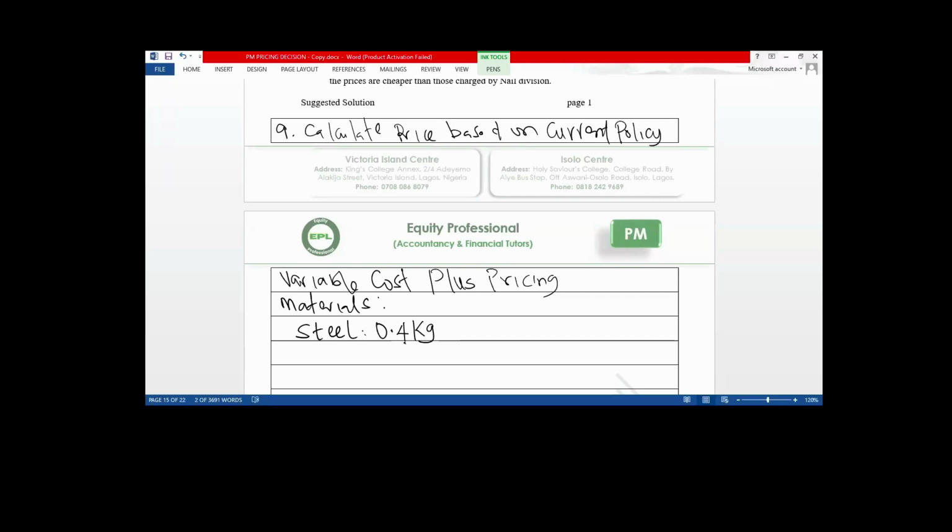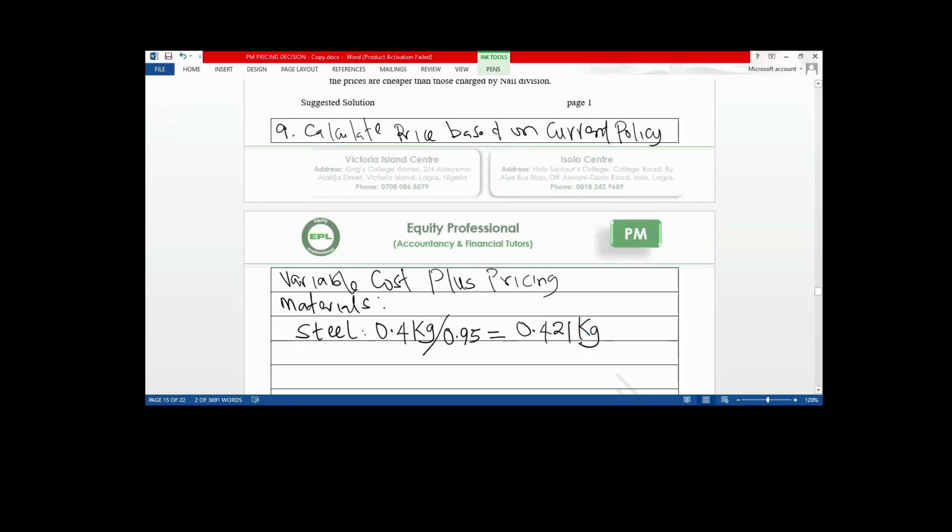Now gross up to get 100%. Just do like this: 0.4 kg divided by 95%, 0.95. Please work this out. What do you have? 0.42. You can respond by chat. 0.421 kg.